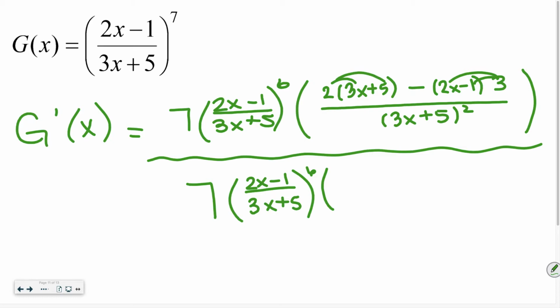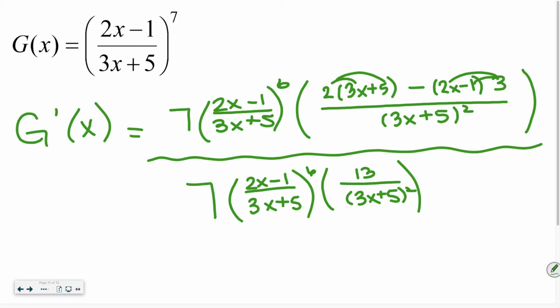So we get 10 minus negative 3, which is 13, and the 6x's cancel out. You're just sitting back and watching. If I were to ask you to simplify this all the way down, you would do that, and then watch. This is like 3x plus 5 to the 6th power in the denominator.